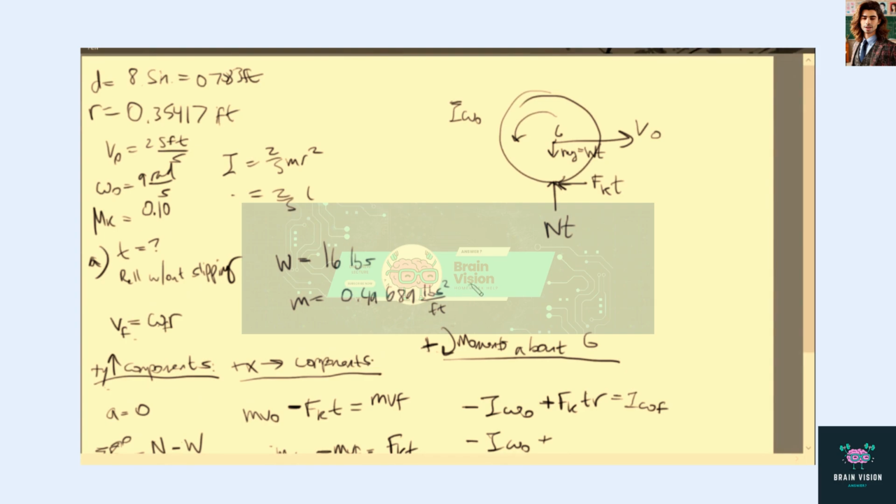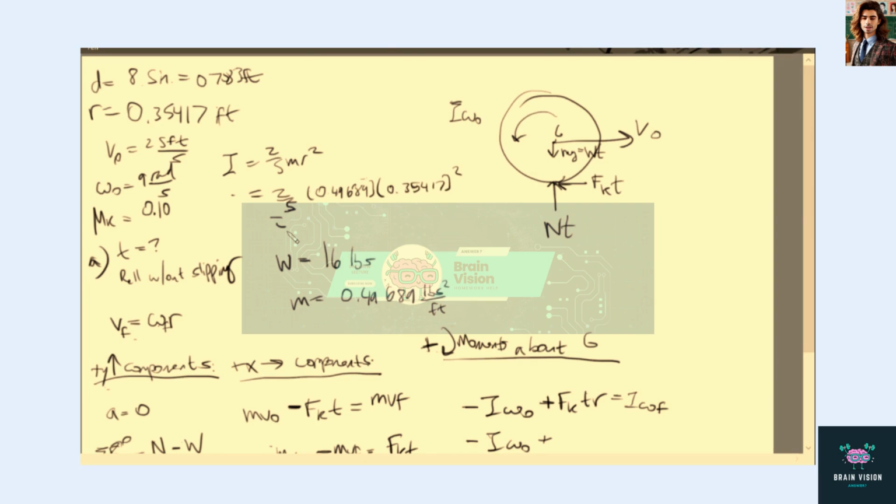You can just look at this unit and understand why scientists despise the imperial system. So we have 2/5 times 0.49689 times r squared, which is 0.35417 squared.